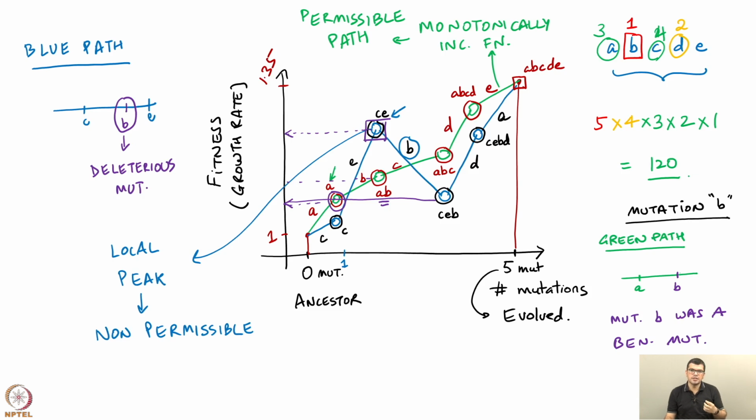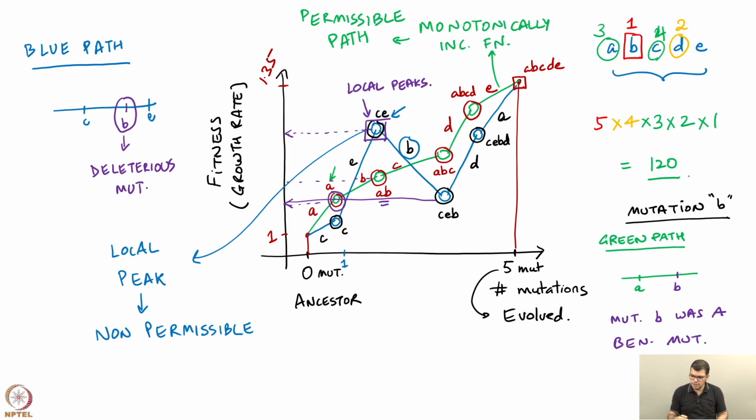And this is of course the definition of sign epistasis, that a mutation is beneficial in one context but becomes deleterious in another context. And it is this sign epistasis which leads to these local peaks. So that is the reason why we have these paths like these blue paths which have this local peak, and the population would get trapped here.